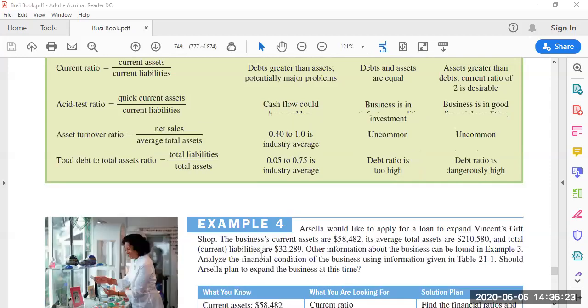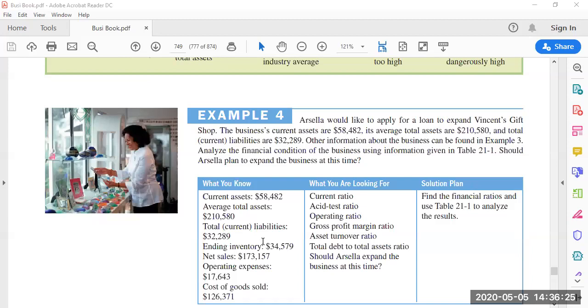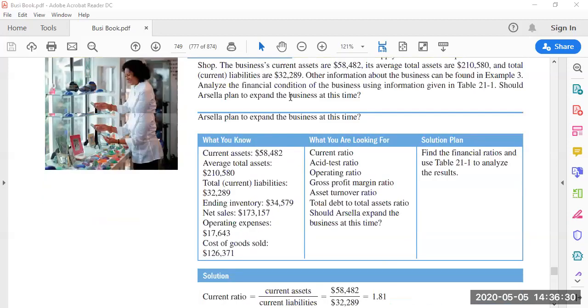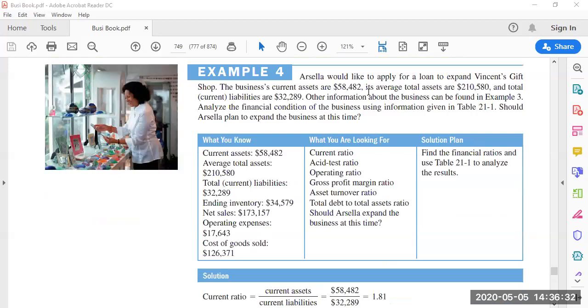Now you can look at these examples and understand some information. Here is an example where we're going to need to understand how to apply, interpret, and use these ratios. Here's the situation. Our seller would like to apply for a loan to expand her gift shop.